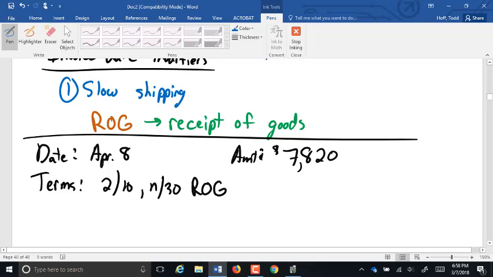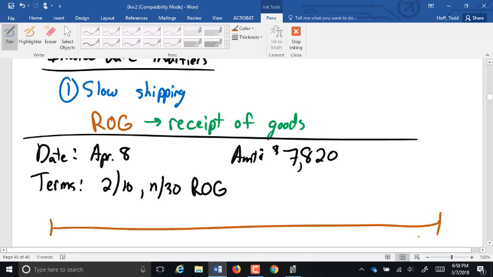That means that when we go to make our timeline, this is not going to start at April 8th. We need more information.